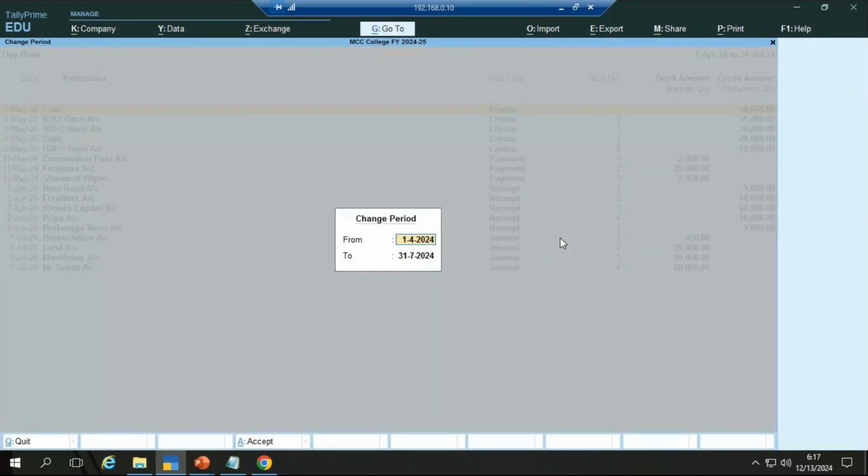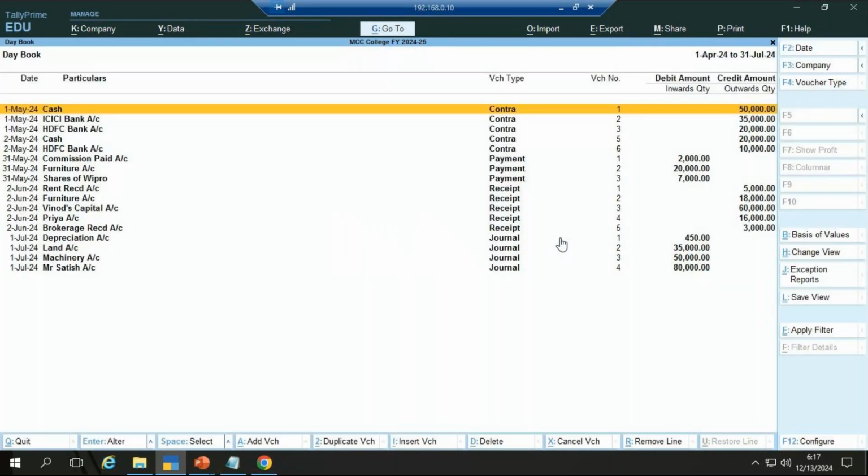Alt F2 is the shortcut key for changing the period, for 1/4/2024 to 31/7/2024. So change the period and press enter. So you can see all the transactions. Done till here?